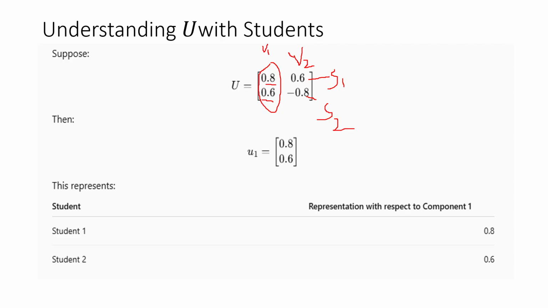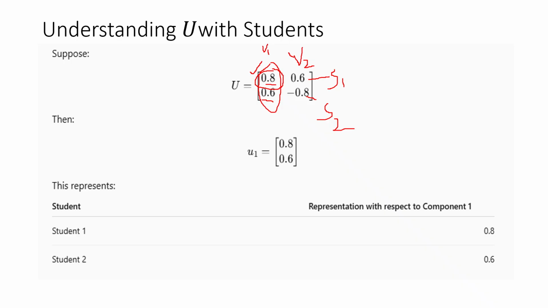From this we can understand the first user is strongly associated with V1, the first direction, because it is 0.8. With the second direction it is related 0.6. So the first user is 0.8 times related to the direction that we have found. That is the meaning of U.